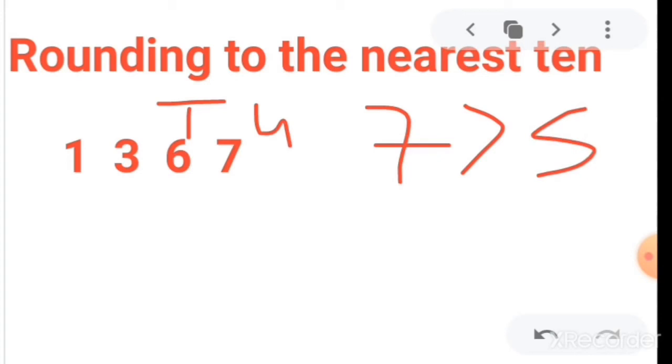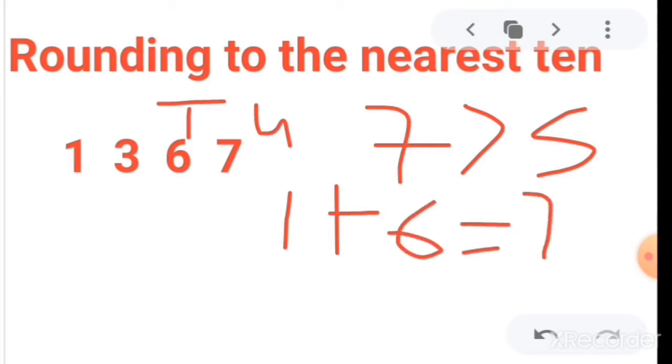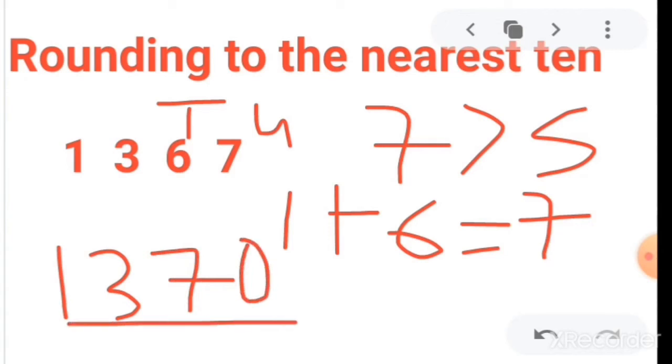Because 7 is greater than 5, we change it to 1 and add it to the number on the 10th position, which is 6, and it becomes 7. So where 6 was, we change it to 7 and we replace the 7 with a 0. So 1367 becomes 1370. We have rounded up. I know it's very easy.